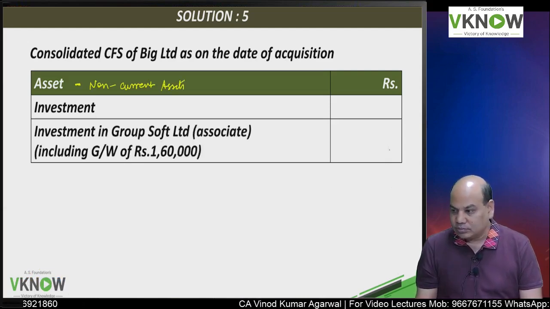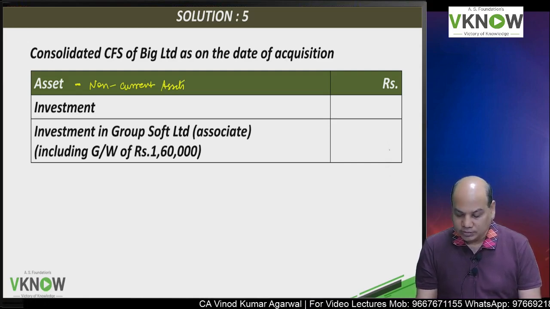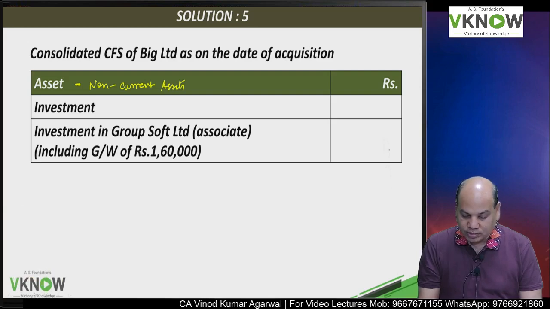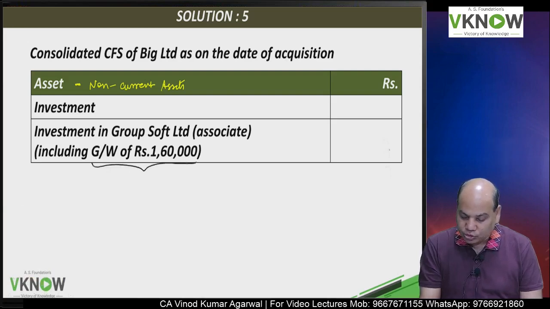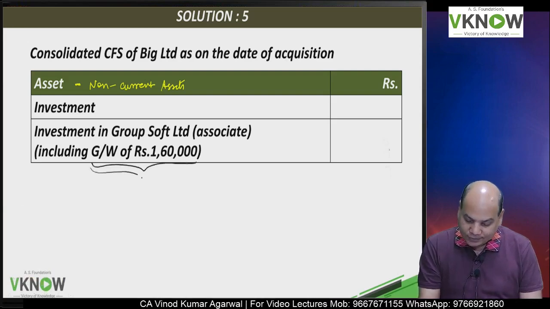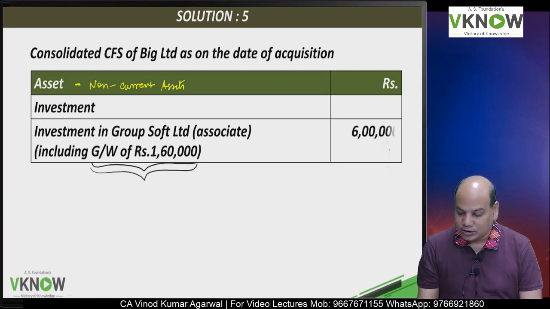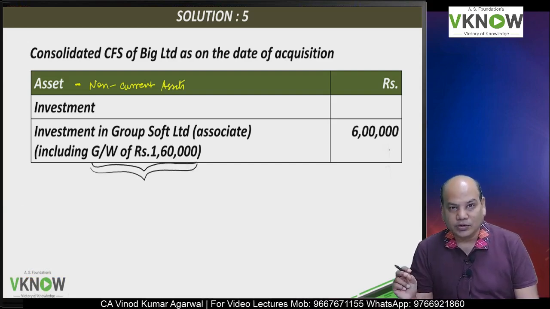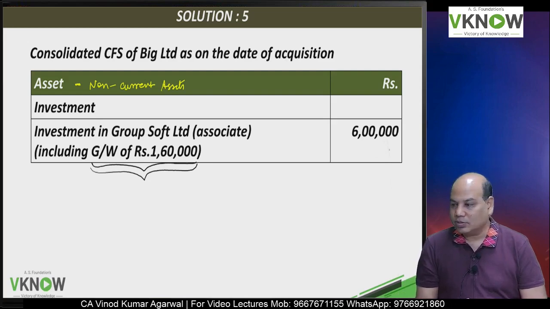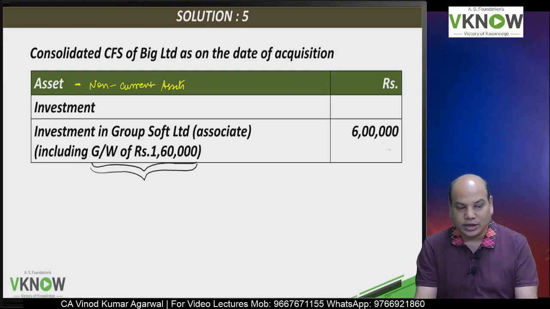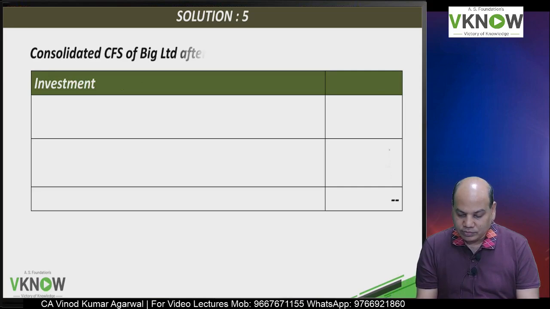Investment, under that investment in Groupsoft Limited, associate company, with a disclosure about goodwill: includes goodwill 1,60,000, and the amount is 6 lakh. The amount is 6 lakh. This is on the date of acquisition.